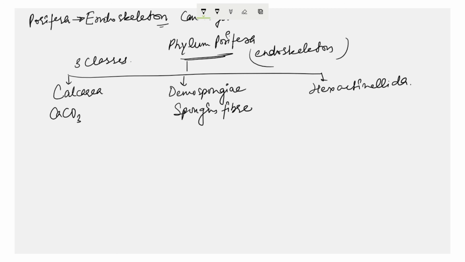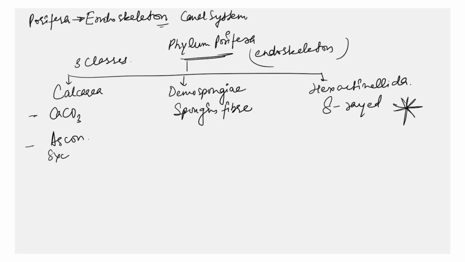And in Hexactinellida the spicules are going to be 8 rayed, like this: 1, 2, 3, 4, 5, 6, 7, 8. So these kinds of spicules will be present here. This is on the basis of spicules. Then on the basis of canal system, Calcarea have ascon type of canal system majorly, and sycon and leucon could be present as well.